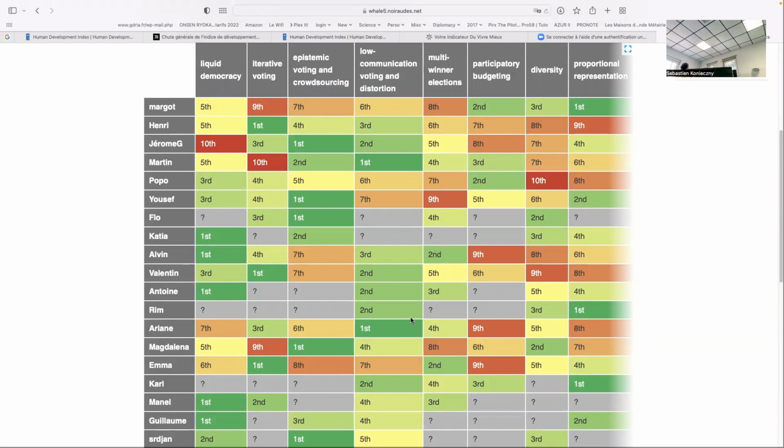Maybe topic 1 would be ranked first and second, topic 2 second and third, and then topic 3 would be ranked first here and here. So you see here that topic 1 and topic 2 have the highest Borda scores.